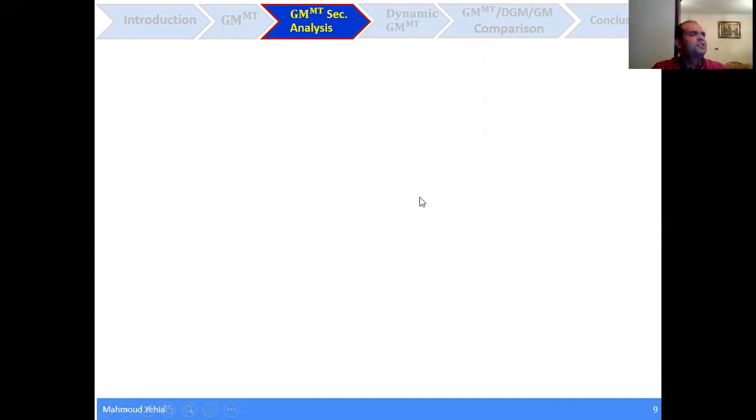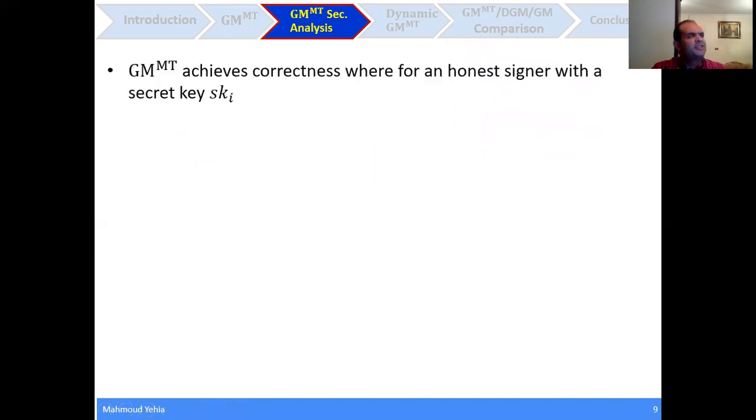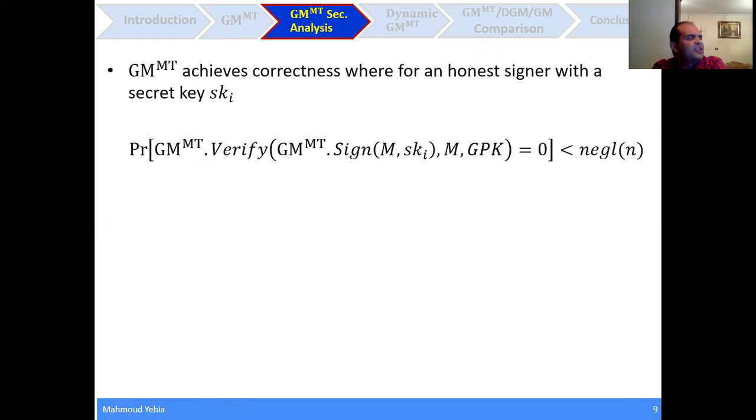We provide the security analysis for the GMMT regarding the standard security notions for group signature schemes. We proved that the GMMT achieves correctness, where for an honest signer with a secret key SKi, the probability of verifying a signature generated by an honest group member to be equal to 0 is negligible.